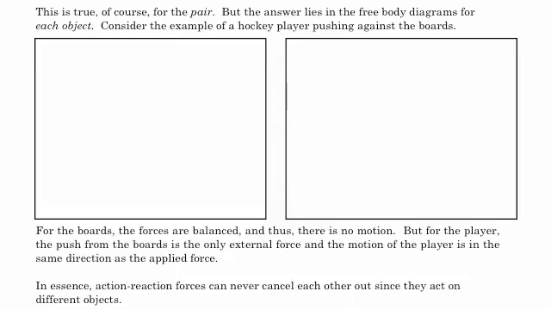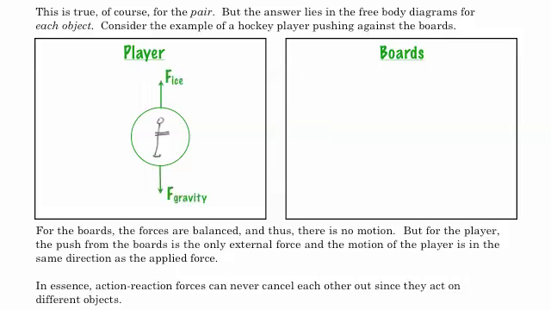So from those before, let's consider an example of someone on skates, or a hockey player, pushing against the boards. We'll draw a free body diagram for the player, and then later we'll draw a free body diagram for the boards. So here is the player who is on skates, and we want to say, well, what forces are acting? The ground is pushing up and gravity is pushing down.